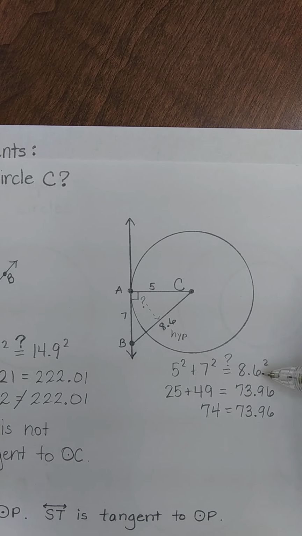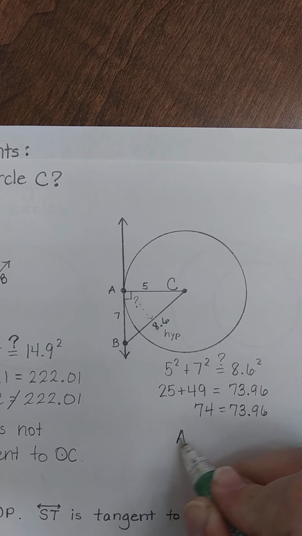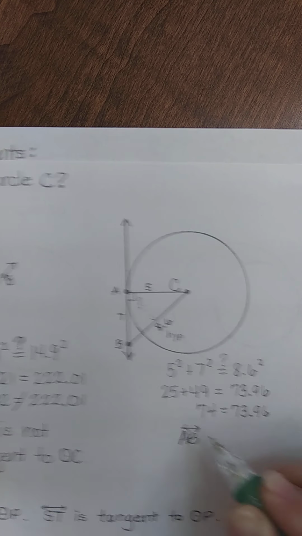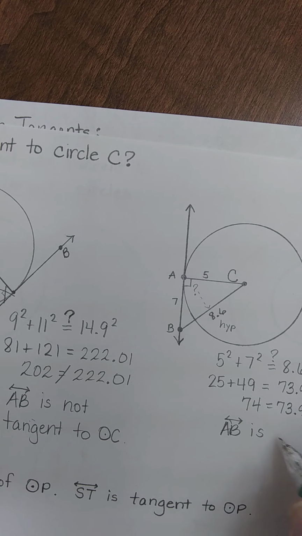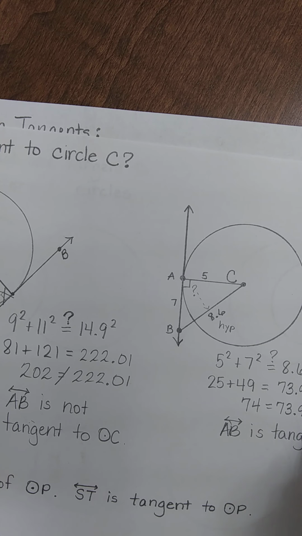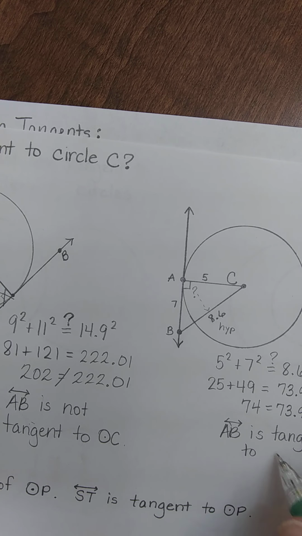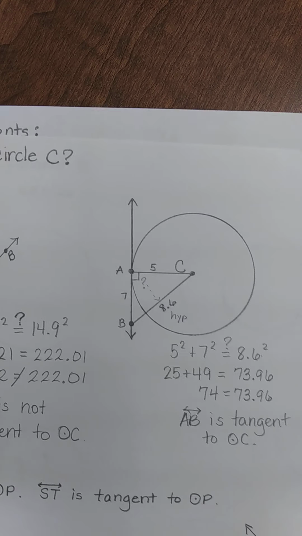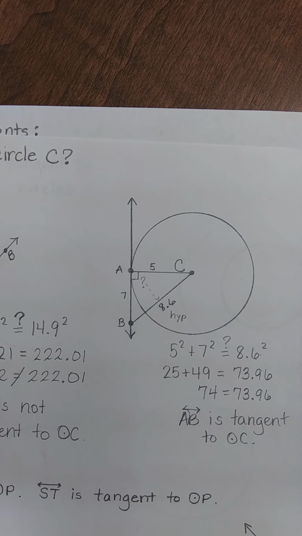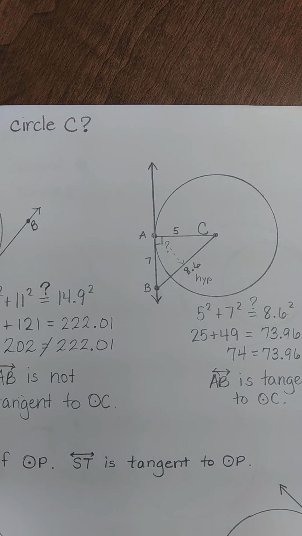However, I understand that if I had to round here to get 8.6, then this would probably be a rounded answer, which is pretty much 74. So I'm going to go with the fact that, yes, AB is tangent to circle C. Again, I'd be happier if that said 74 equals 74, but we go with what we've got. So AB is tangent to circle C because we proved the Pythagorean theorem to hold true in that diagram.